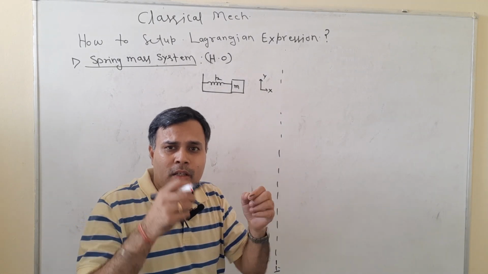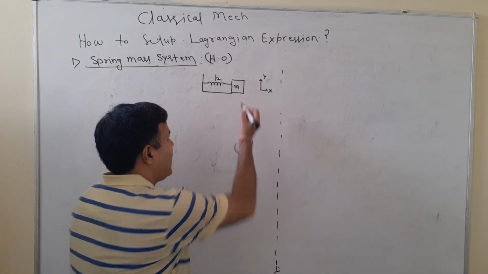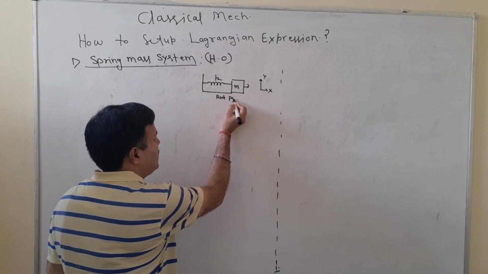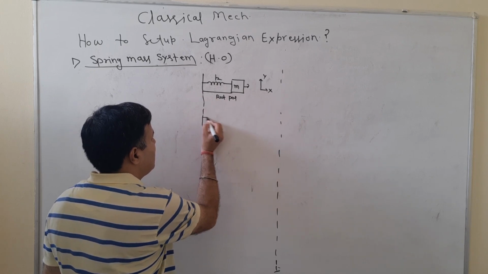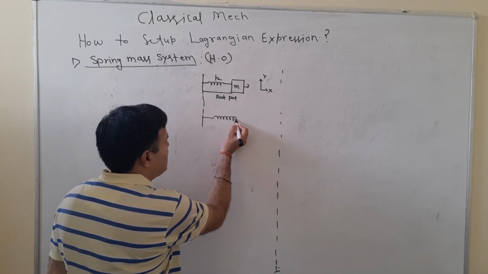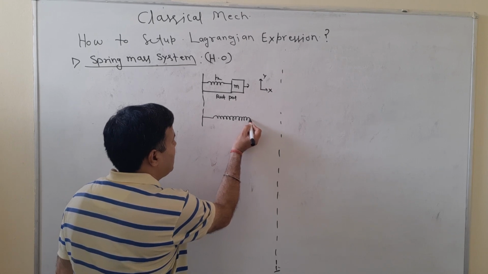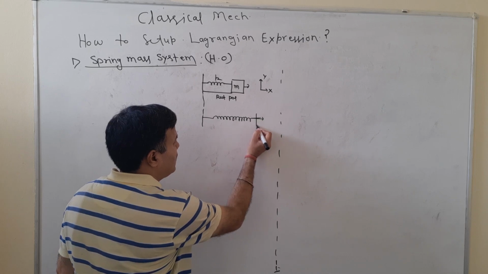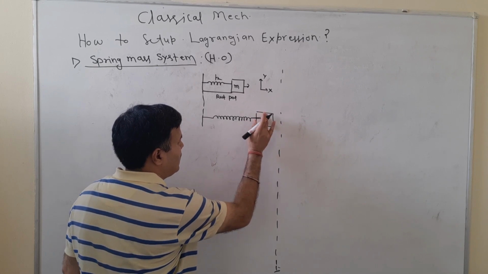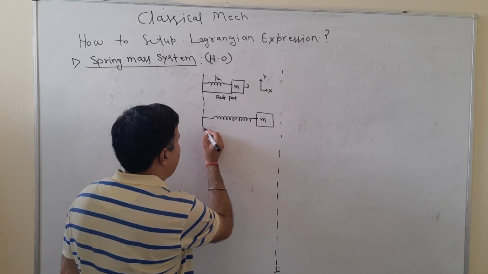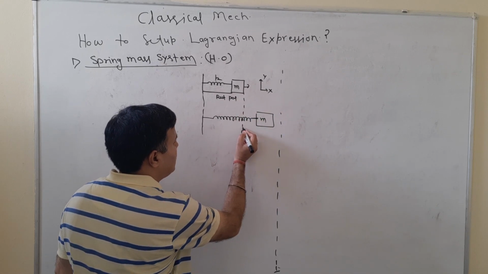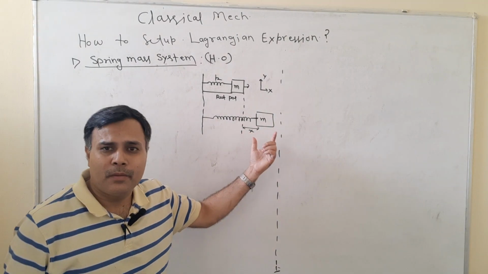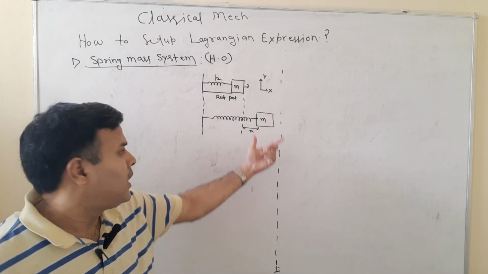This is the rest position, and if we stretch this spring by some force in this direction, there is a stretching, let's say x or delta x.